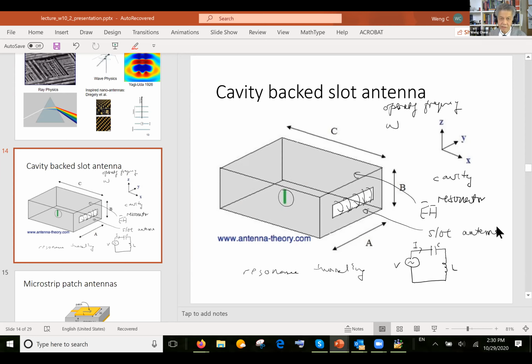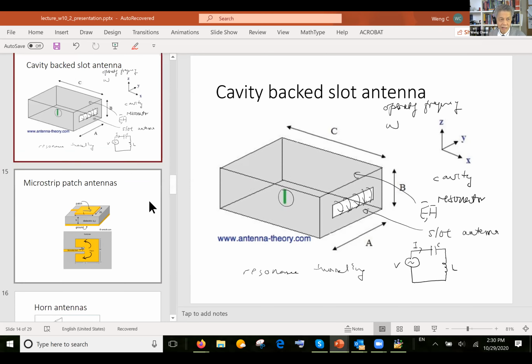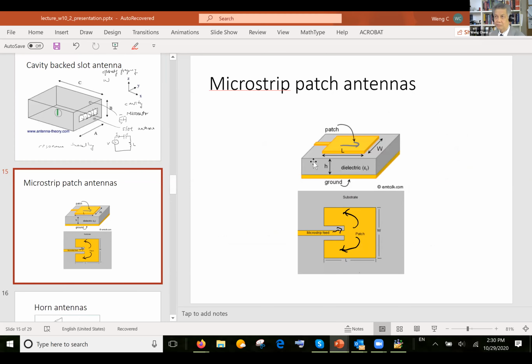By the same token, if you hit the resonance frequency of this cavity, you get the electromagnetic fields E and H to be very strong inside the cavity, and it will leak out very strong energy outside. And the same thing happens to a microstrip patch antenna. If you have a microstrip patch antenna, it looks something like this. And it's a resonance structure.